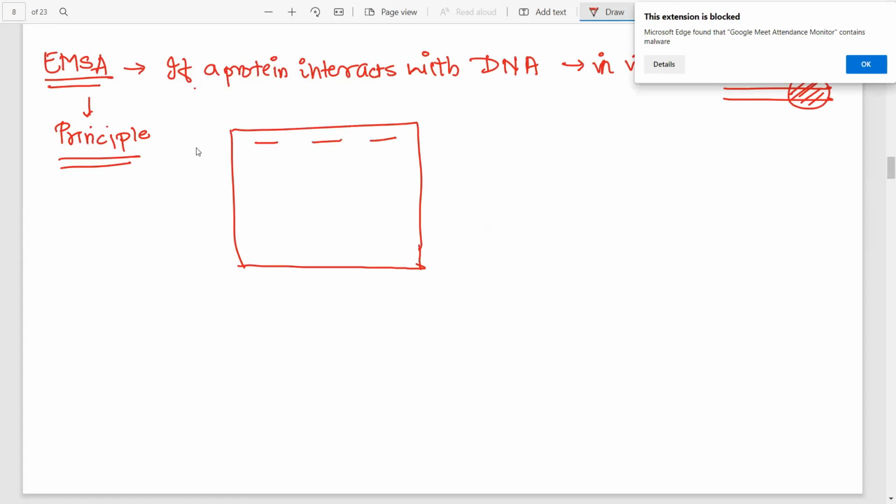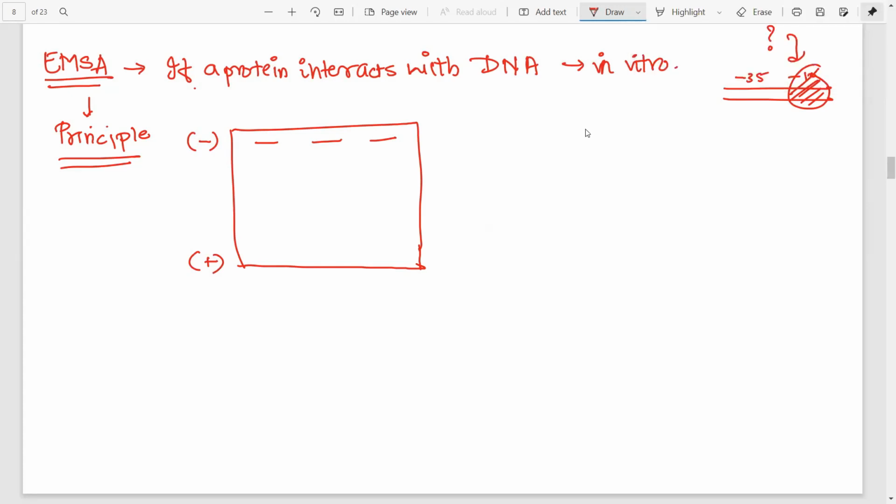This end is connected to the negative electrode and this end is connected to the positive electrode. So say you want to check if protein A binds to DNA. You have a DNA and let's say this is protein A. You want to determine if this protein A actually binds to DNA or not.